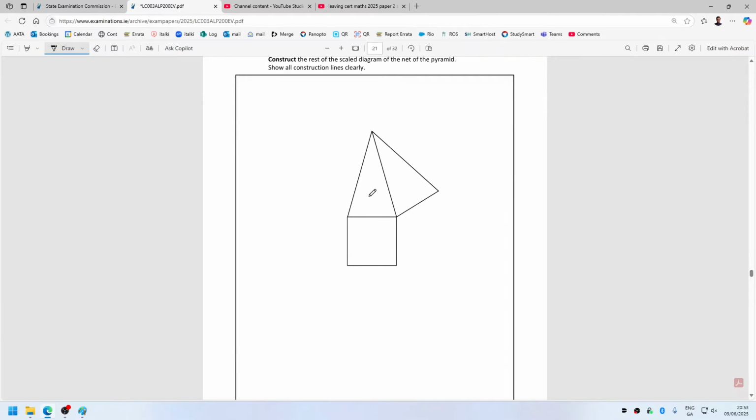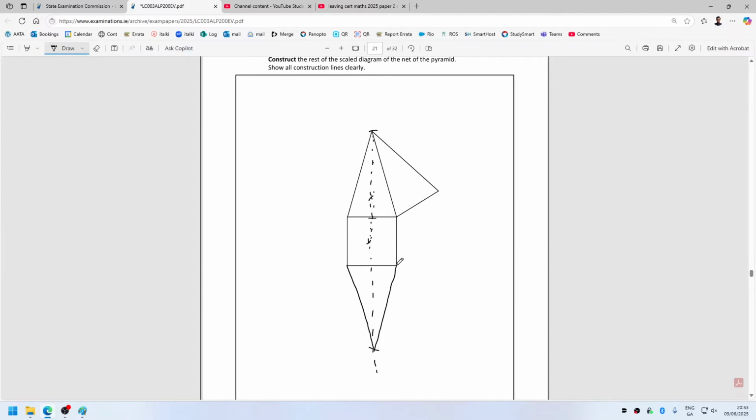I could just do my two compass arcs here to get the perpendicular. Draw the perpendicular line, then set my compass to this length and mark it off here, and then draw there with my ruler. So that's fine. And then I want to get this one down here.